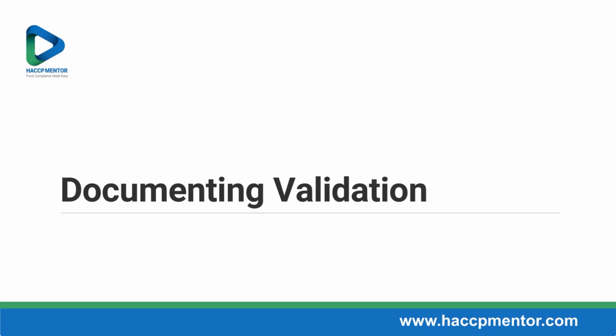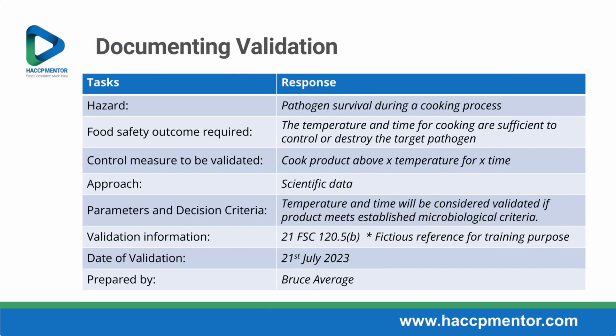So let's have a look at what that could look like. This is just a sample, okay? I like to do these up for my clients. It's basically just a summary table that you can use to document your validation of your food safety control measures.